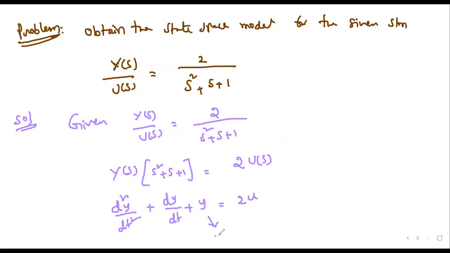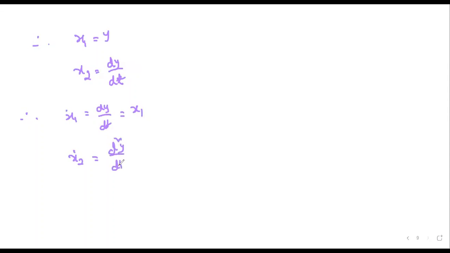Now you assume this is x1, this is x2. Because it is a second order equation, two state variables are enough. Therefore the state variables are x1 is equal to y, x2 is equal to dy by dt. Therefore x1 dot is equal to dy by dt, that is equal to x2, and x2 dot is equal to d square y by dt square.